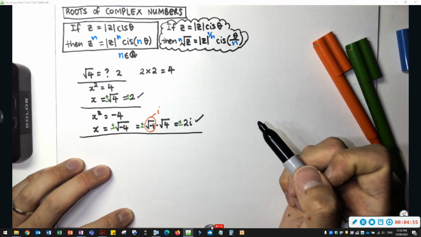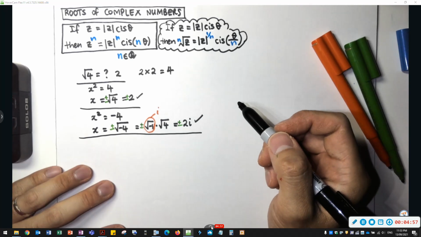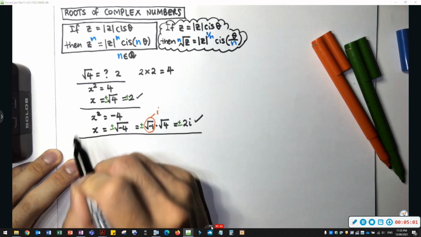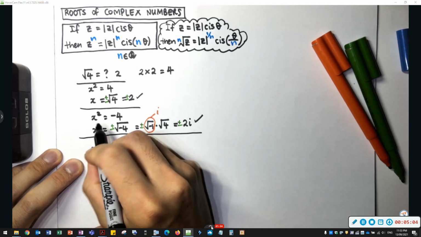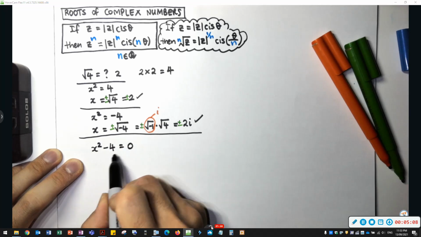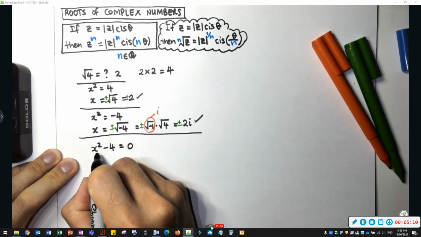We can also solve this in a different way. So just quickly, we can have a look at rearranging that equation and writing it as x squared plus 4 equals 0. We can use factorization.